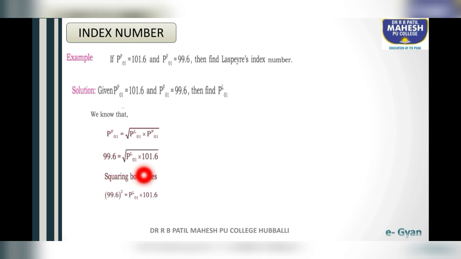So P01 of Laspeyres is equal to 99.6 whole square divided by 101.6. After squaring this and dividing by 101.6, the final answer is P01 of Laspeyres is equal to 97.64.